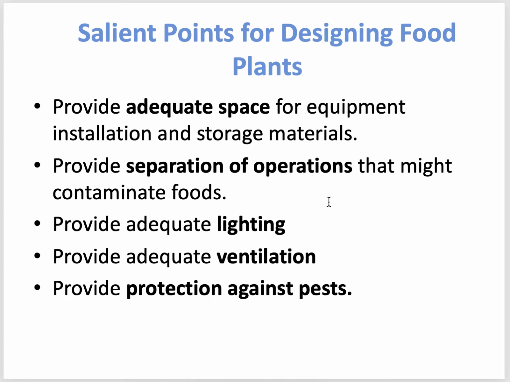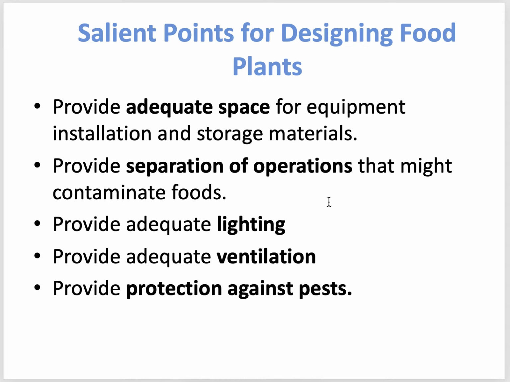So what does that mean? In a food processing plant, different processes are done. For example, we may have to clean the raw materials. Usually the raw materials contain lots of dirt, extra debris, and lots of microorganisms in them. So we have to clean the raw materials. Now think, you are cleaning the raw materials in a room, and then you are processing your raw materials or making the processed food in the same place.